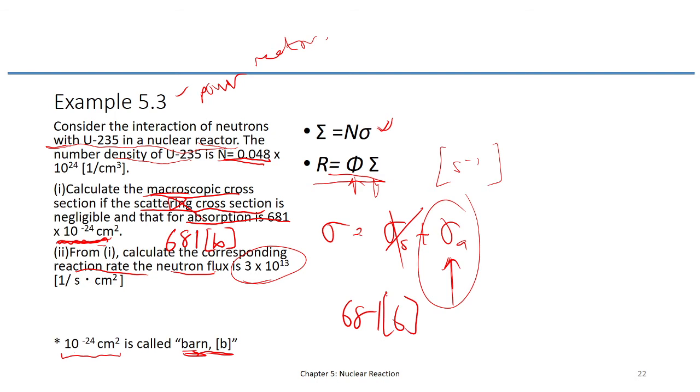So you can say that the cross section of uranium-235 is 681 b. And you may in the future see that people express the cross section using barn instead of square centimeter.